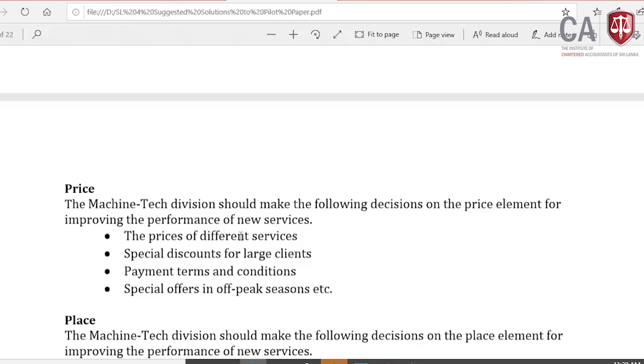For example, cost plus pricing, where based on the cost a margin is added. Then for large clients they may think about giving some more discount. For payment terms and conditions, there may be large clients like government and private sector organizations that may not pay cash instantaneously.